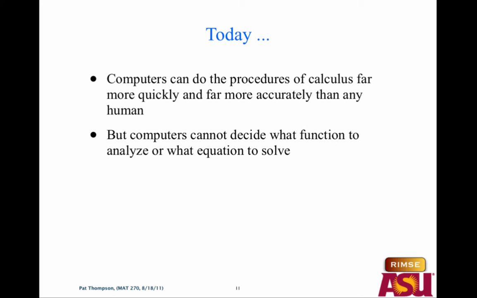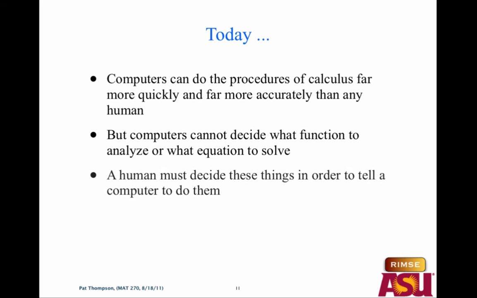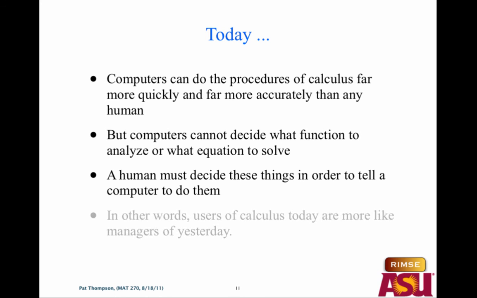But what can't computers do? They can't decide which function to analyze or what equation to solve. They can't make those decisions surrounding what we want to do or what the analysis is. So the human has to work the computer. Today we want to think of ourselves not as human calculators, but as managers.